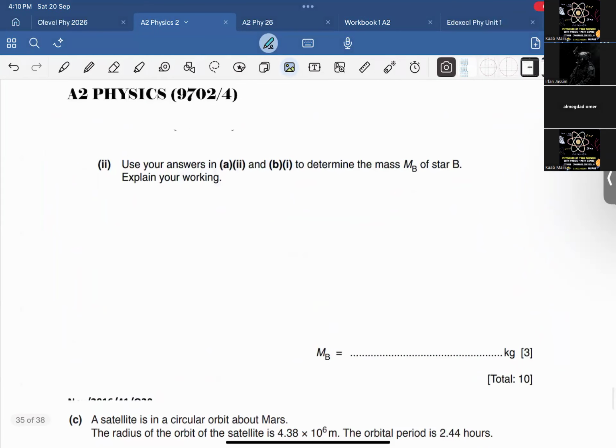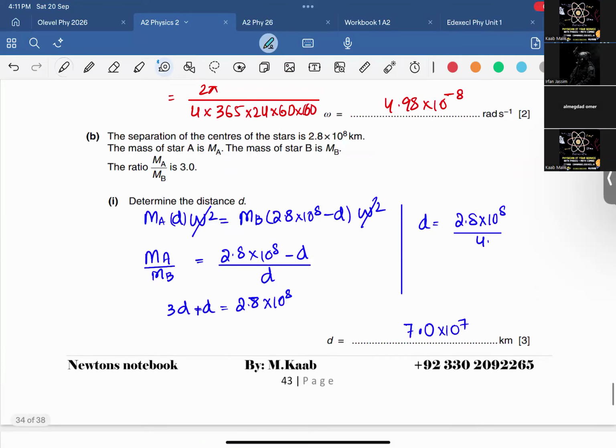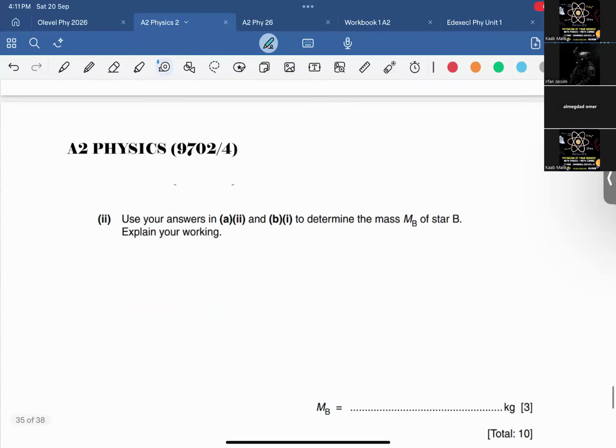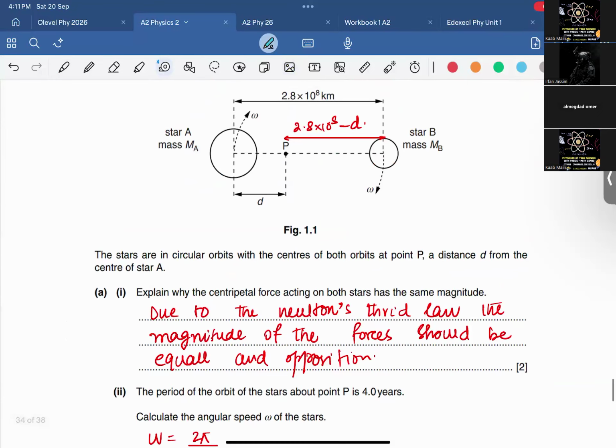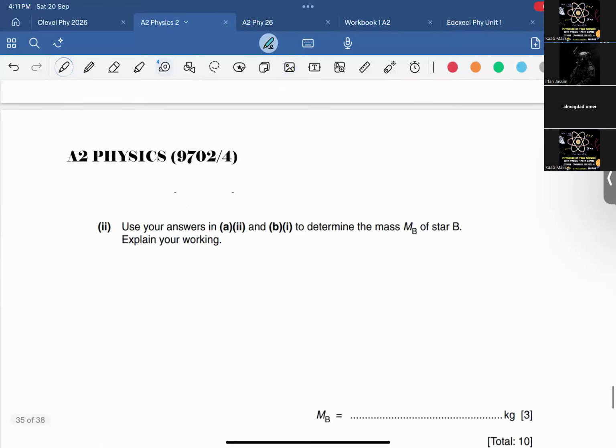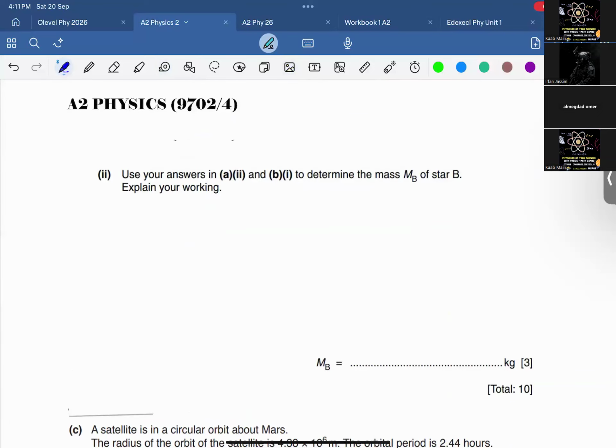Use the answer in A2 and B1 to determine the mass MB of star B. Explain your working. A2 and B1. A2 is this one. So we can relate the two things using the gravitational force.